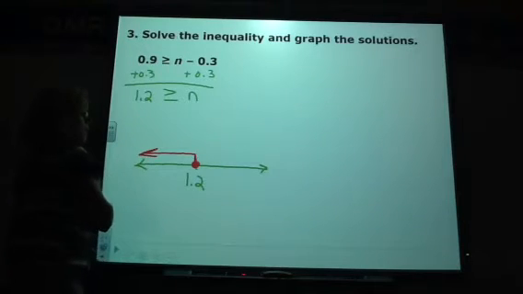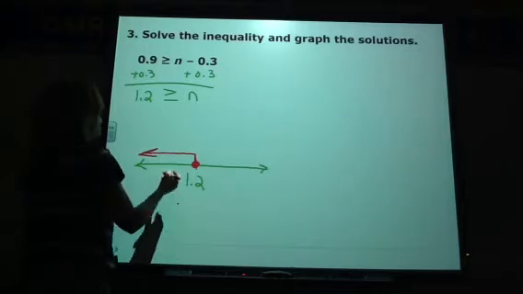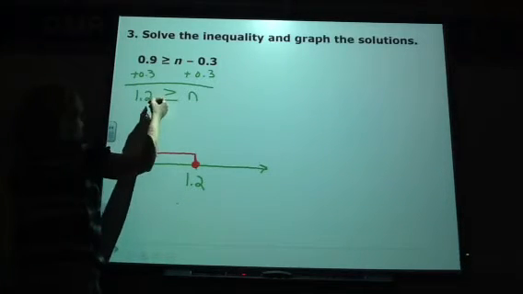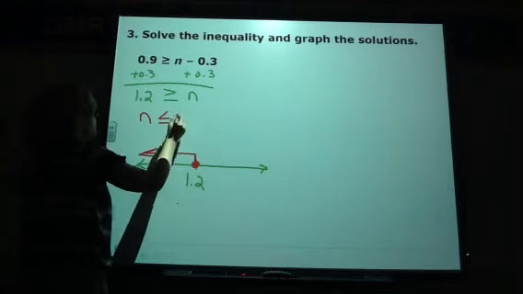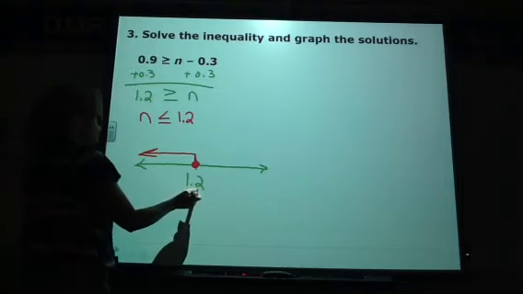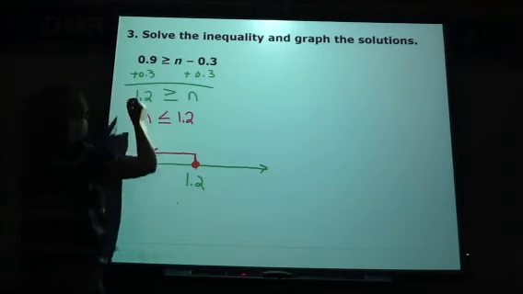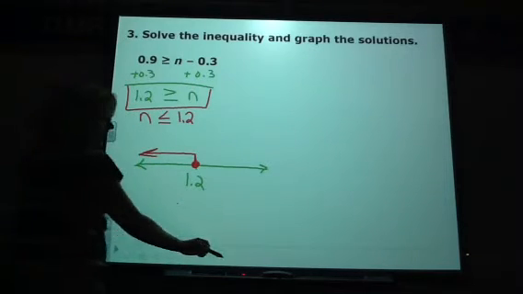N is all of your real numbers, okay? If this is confusing you guys, flip this around, put your variable on the left side, but you must flip the inequality symbol when you do that. N is less than or equal to 1.2. But at the algebra level, you should be able to read this one and graph it at the same time.